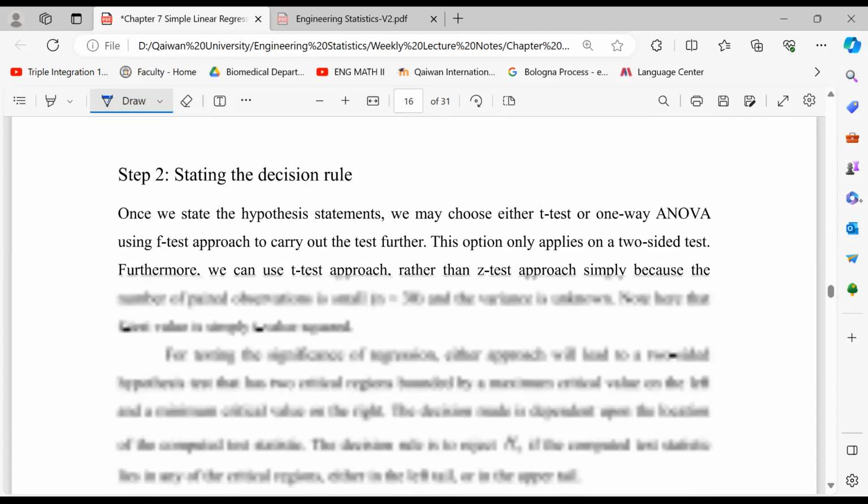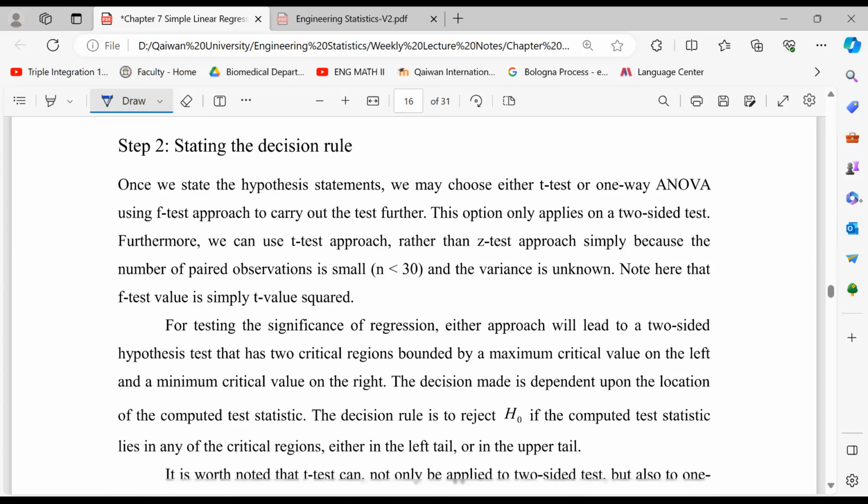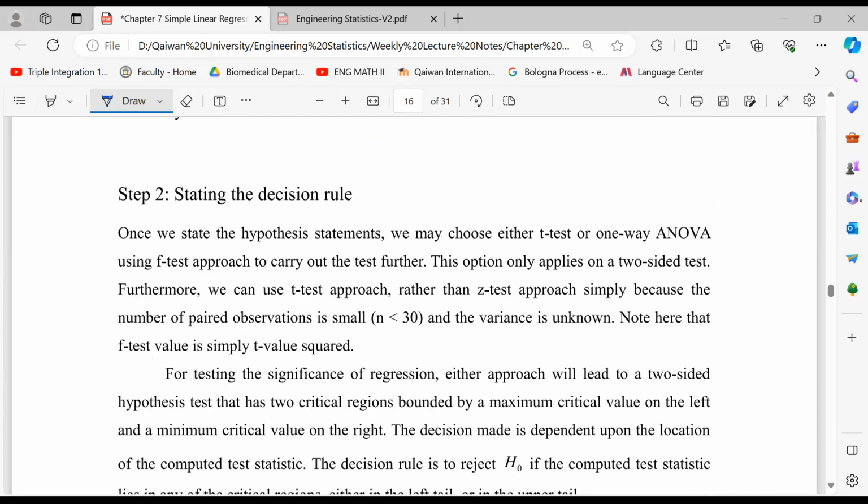In the second step, we state the decision rule. If you are asking why we don't use the Z test and we use the T test, let's address this in this context.